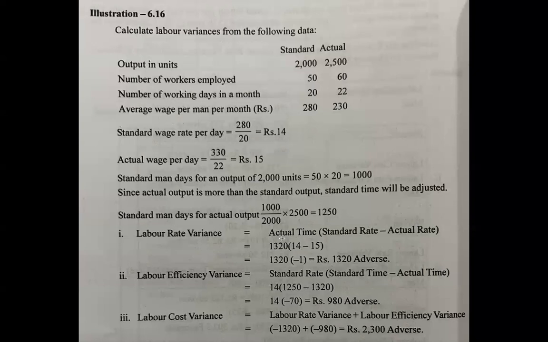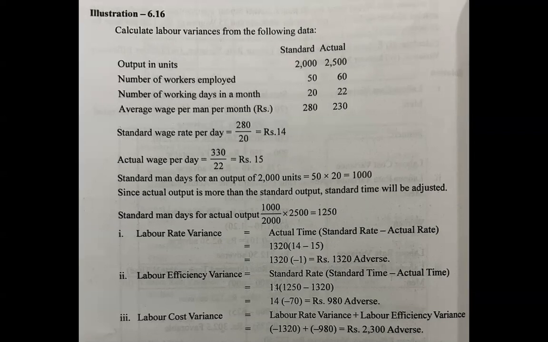I just missed giving you this calculation. 60 into 22 gives you 1320.